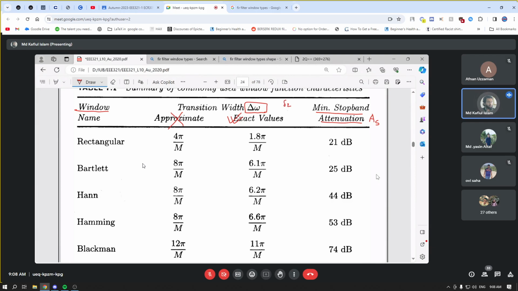It was delta 2 by 1 plus delta 1, and then taking the log of this, 20 log of this part, with a minus. Let me write it down again. The formula for AS was: minus 20 log base 10 of delta 2 by 1 plus delta 1.